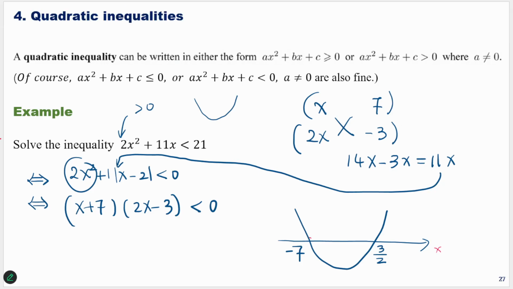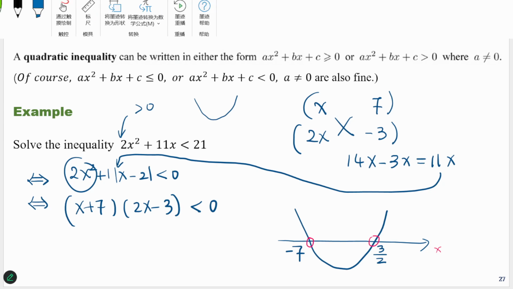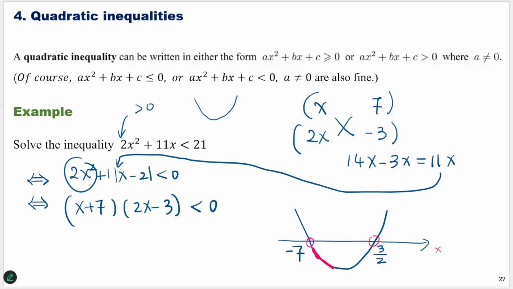So apparently that is between -7 and positive 3/2. Excluding the endpoints, right? So we circle the endpoints to exclude them. And therefore we can conclude x is larger than -7 and smaller than 3/2.